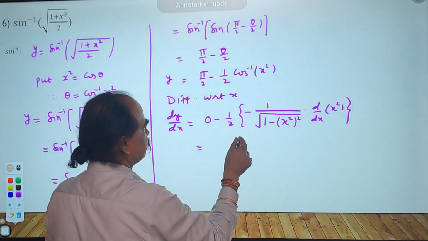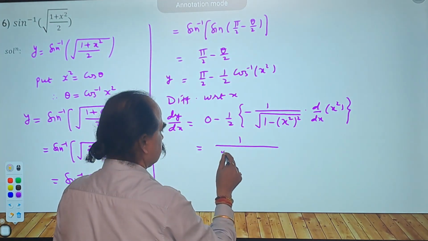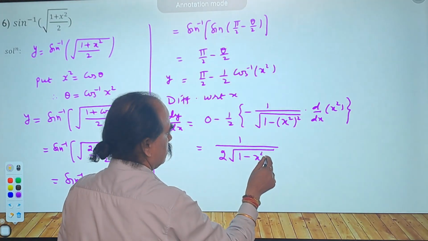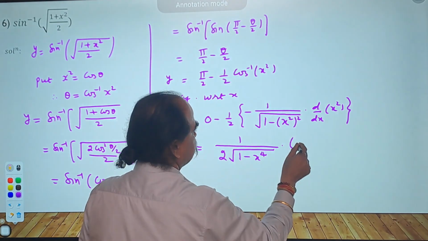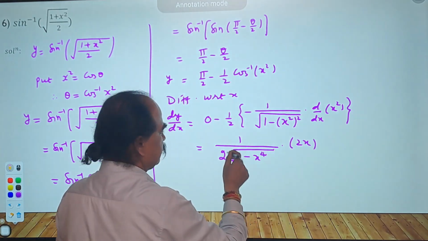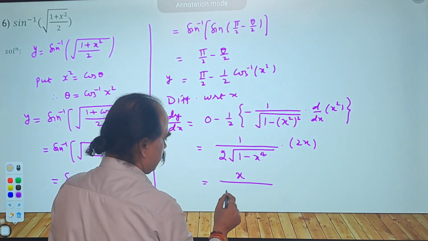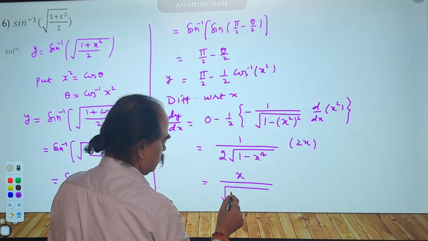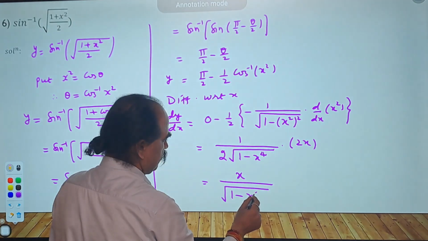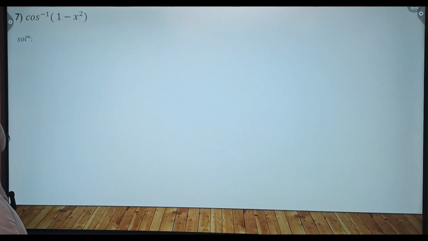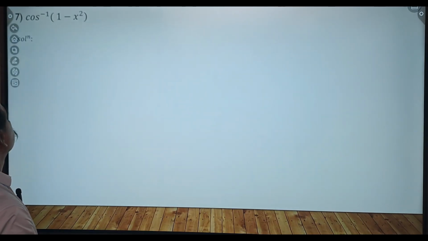Minus into minus plus 1 upon 2 root, derivative of x square is what? 2x. 2 and 2 will get cancelled. x upon root 1 minus x raised to 4. Okay, so next is what? y is equal to cos inverse 1 minus x square.